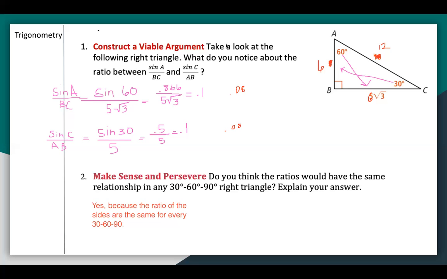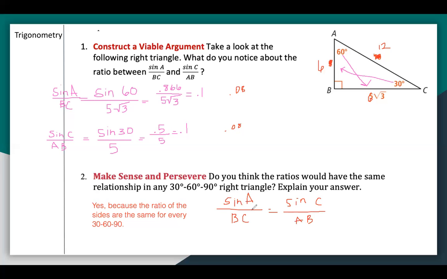And if you really wanted to, we knew that at this point, the sine of A over BC was always going to be equal to the sine of C over AB. That's what we found out with question number 1. These two were equal to each other.